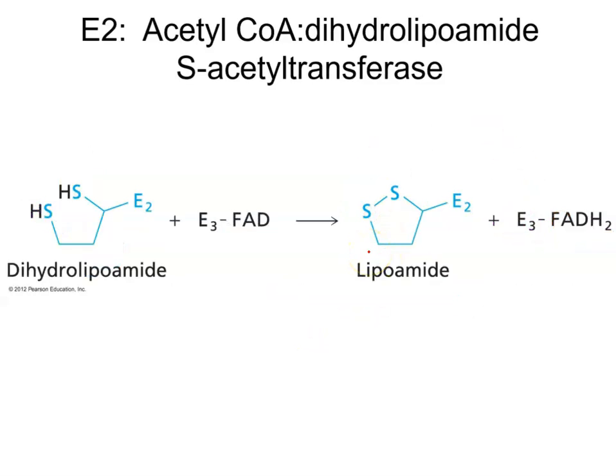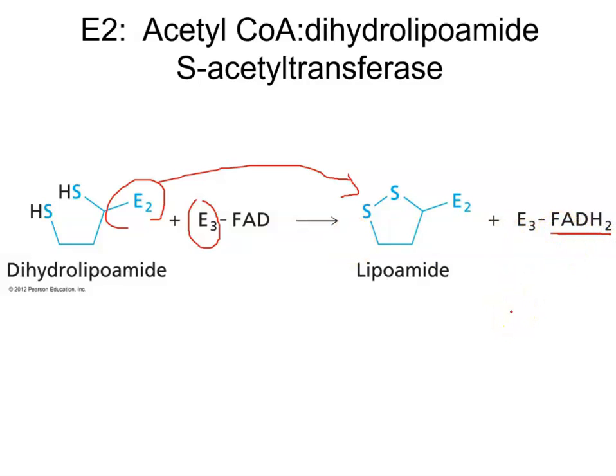So E3 converts E2 back to the original state. This is the E2 here, and then E3, as I mentioned, remember these are reduced, then they can be oxidized back into this reformed bond, and this uses FAD. So you can see this FAD becomes reduced into the reduced form FADH.